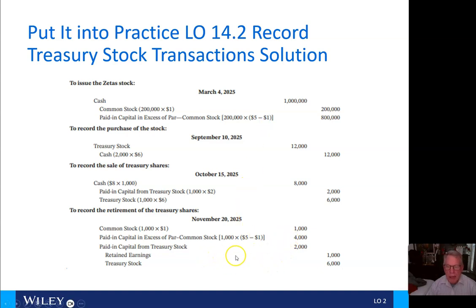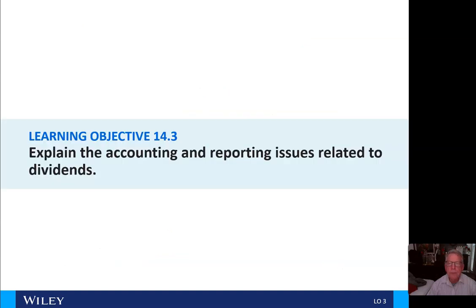And then paid in capital from treasury stock is the $2,000 necessary to hit that total of retained earnings here, and then the $6,000 of treasury stock, which we still have remaining. Okay. Everybody see that? That last journal entry is a little tricky, so be sure you understand how to do that.